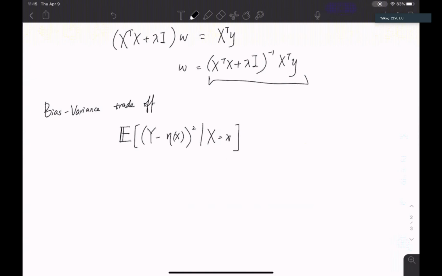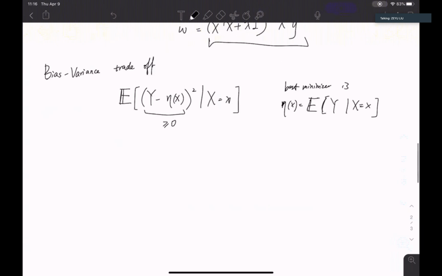And we want to prove why the best minimizer is this. Well, an intuitive explanation is mentioned in the lecture: because this one is greater than or equal to 0, the best one you can get is when eta x equals this.